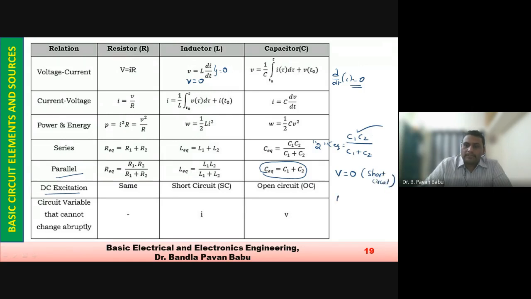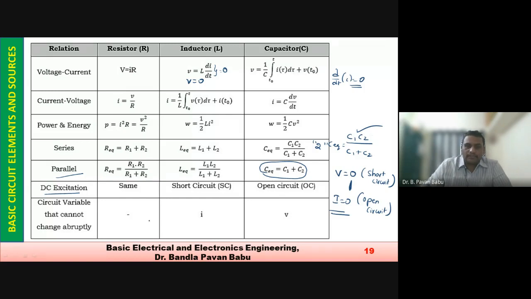If current is 0, we call it an open circuit. We know that if the circuit is open, there is no flow of current, obviously the current value becomes 0. If the circuit is closed, without any resistance or impedance there, then the voltage is 0.